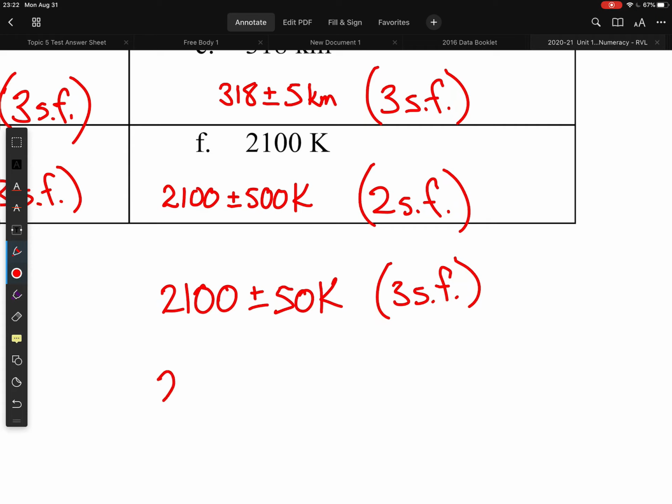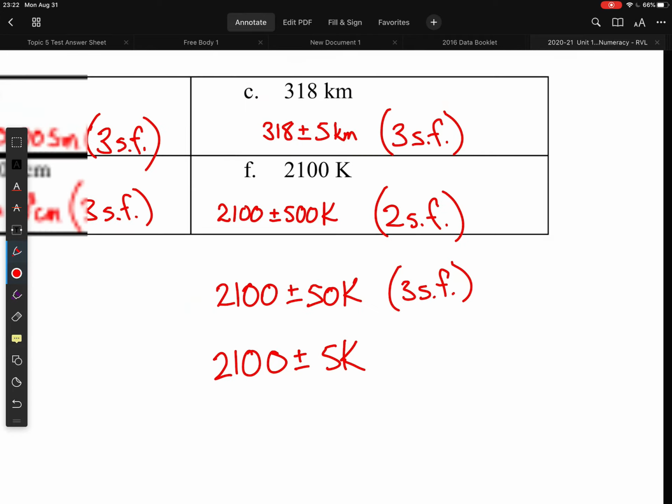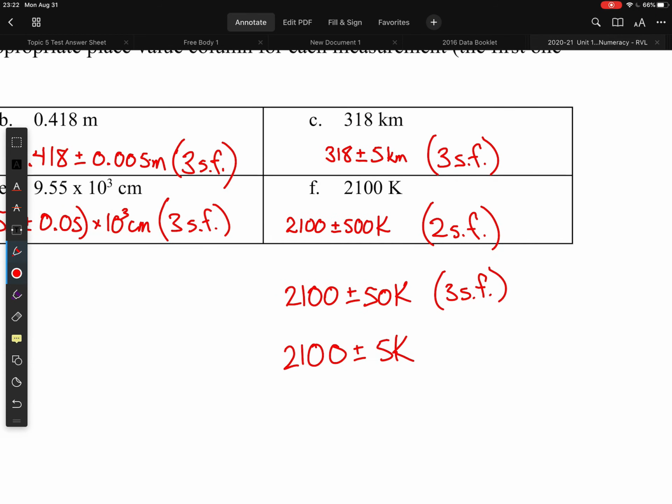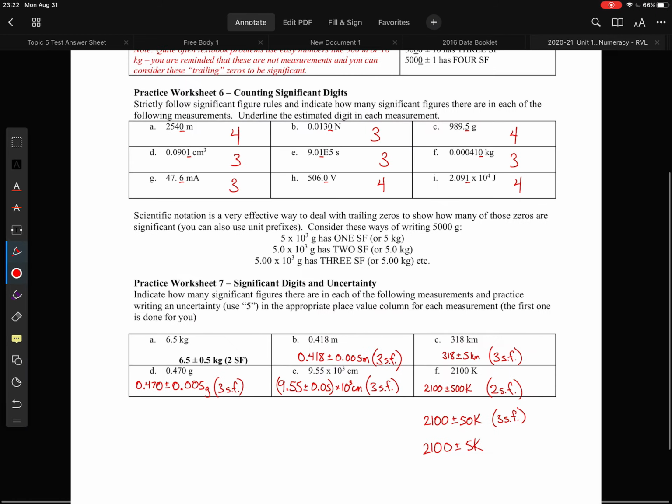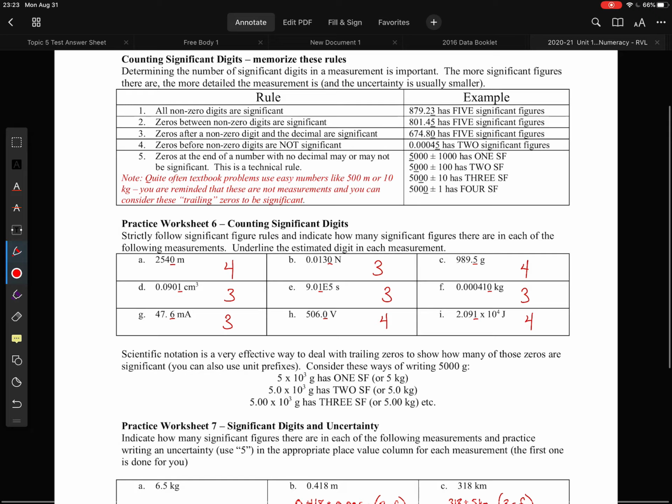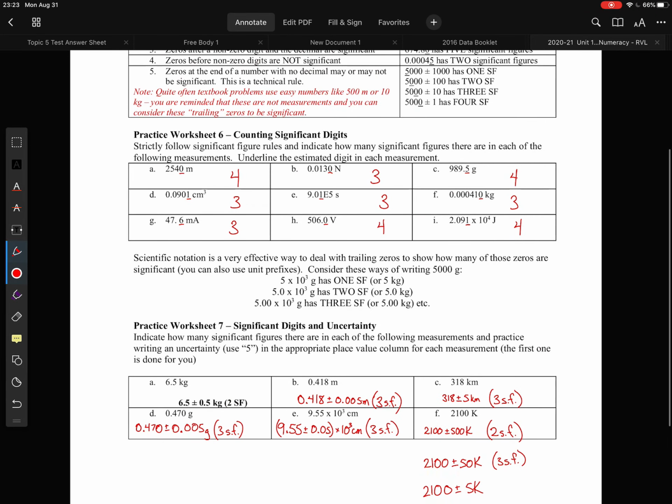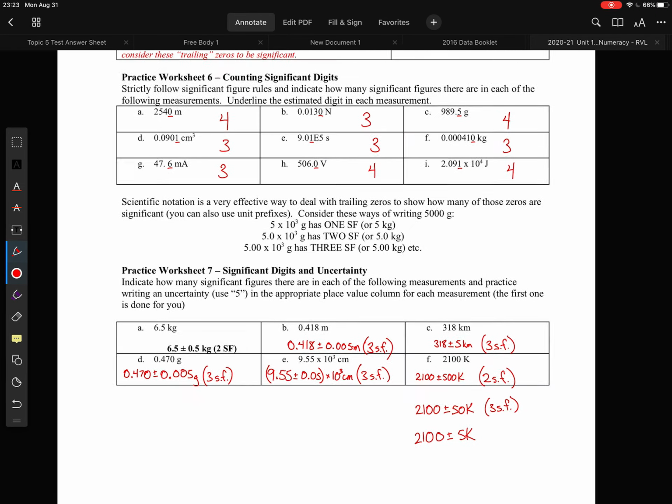Or we could have all 4 significant figures, and that would look like this. Okay, so any one of those are possible based on the rule that we discussed up here in number 5. So there you go.